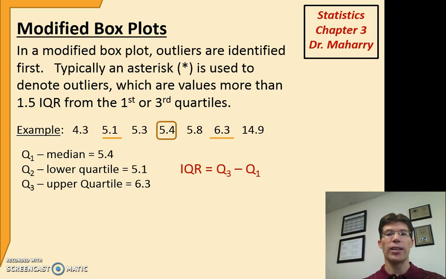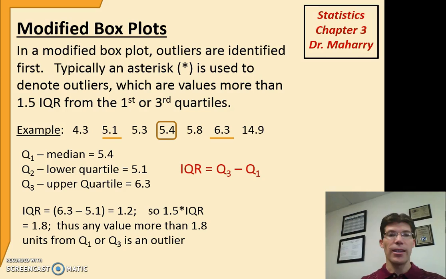The interquartile range is the difference between the third quartile and the first quartile. Another way to think of it is the middle 50%, because you can think of the first quartile as the 25th percentile and the third quartile as the 75th percentile. So we're looking at that 50% in the middle.